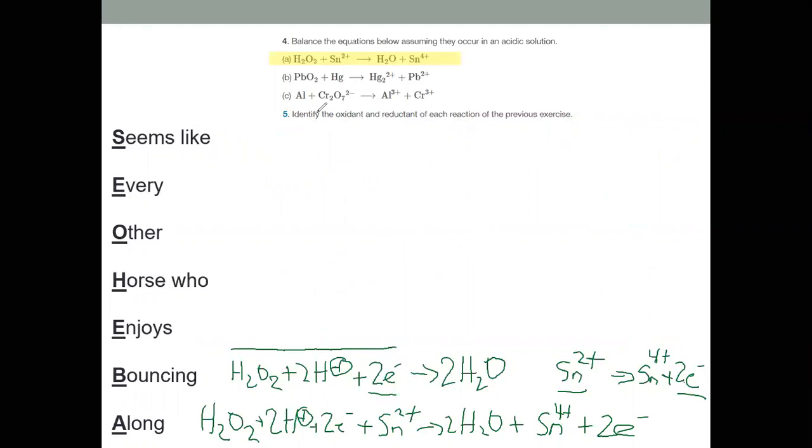And so we'll combine and eliminate where we can.